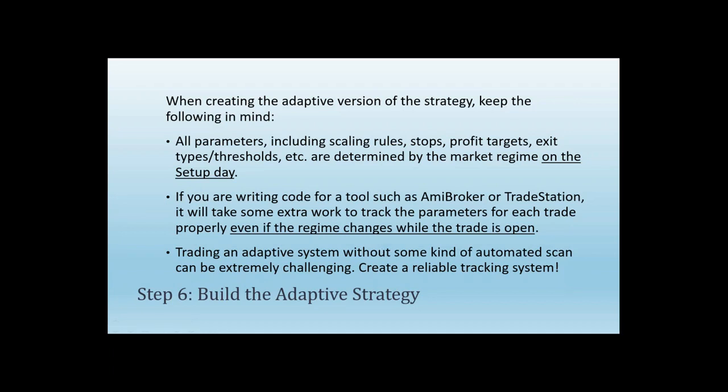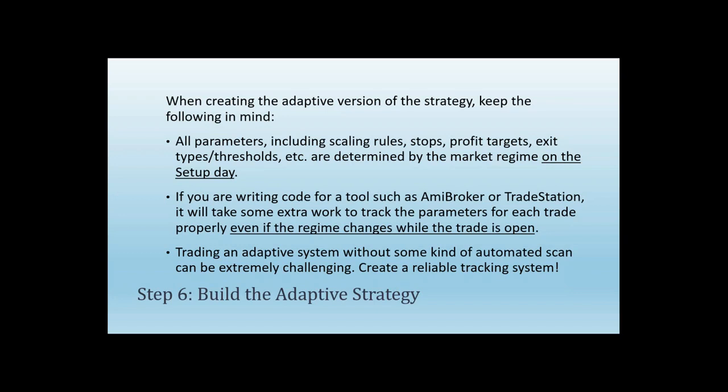Also note that if you're using an adaptive trading strategy, you probably want to have a good automated scan that finds your trading signals for you. That's probably true of any quantified trading strategy, but it's especially true when you're changing your parameters based on the market type.